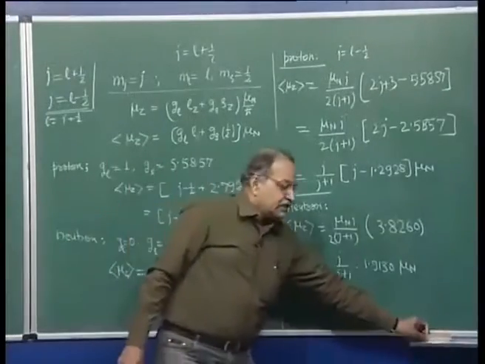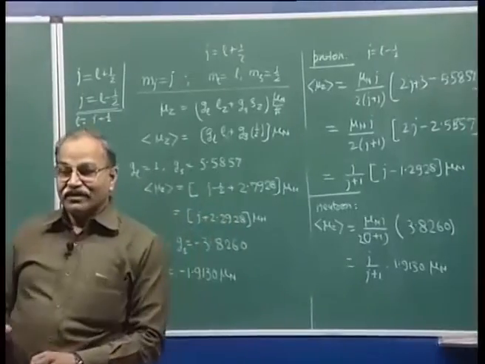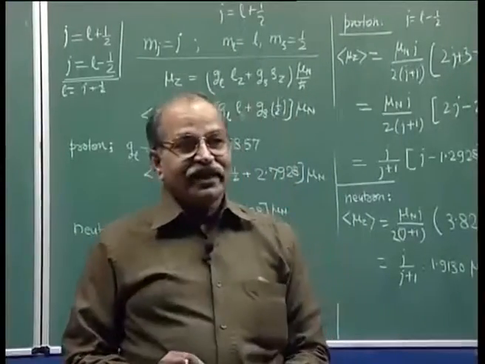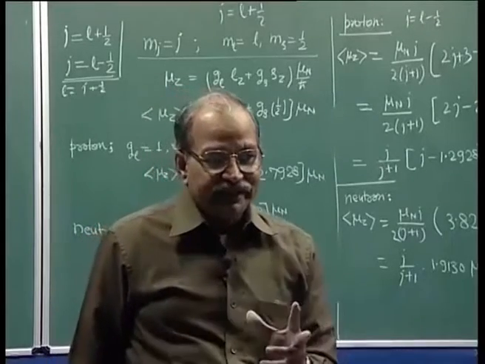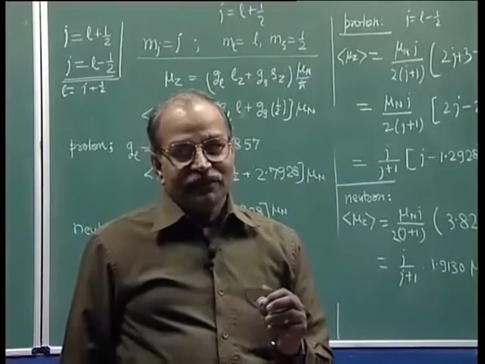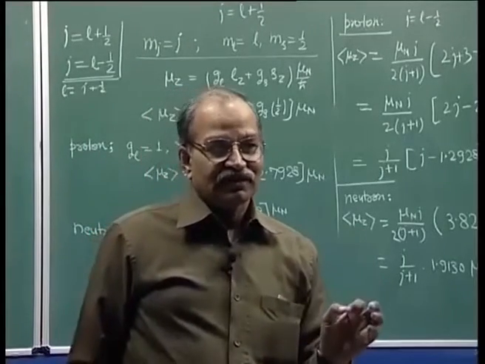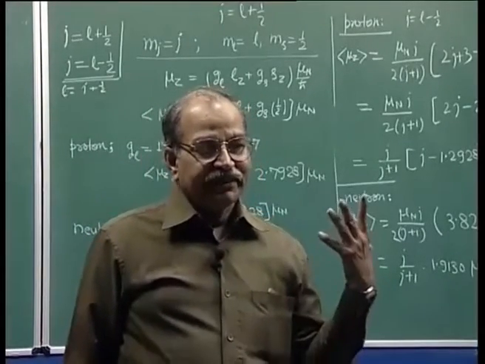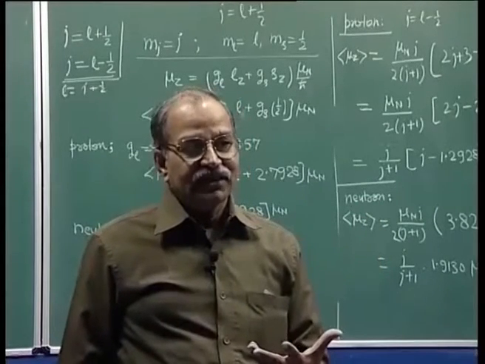So, these are expressions calculated assuming that the magnetic moment of this whole nucleus is coming only because of this last unpaired nucleon. This is for odd A nuclei where either Z or N is odd.